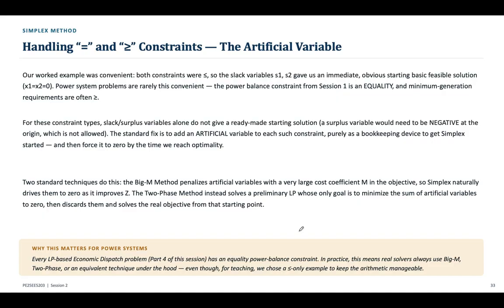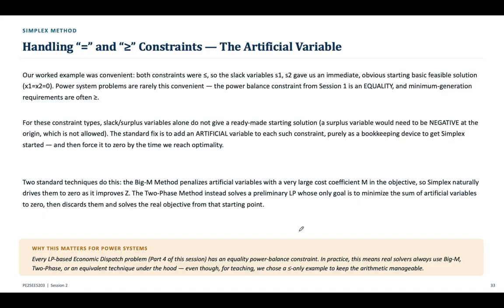For a greater than or equal to constraint, a surplus variable can convert the inequality into an equality, but the resulting surplus variable has negative coefficients in the constraints and does not automatically provide a convenient starting basis. So the standard solution is to introduce an artificial variable. It is artificial because it does not represent a real engineering decision. It is temporarily introduced to help us start the algorithm. There are two classic approaches for this.